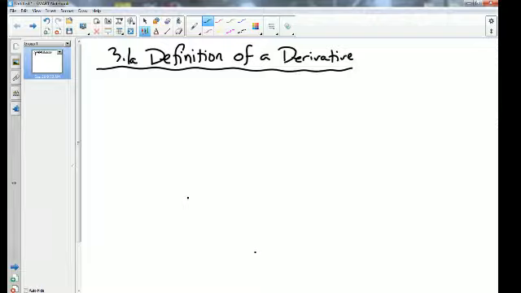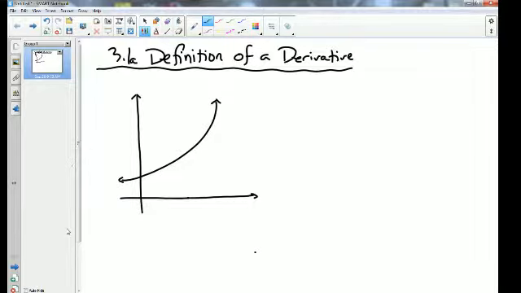So let's talk about what we've done so far. If I give you some function, we'll just call it some function of x, we can do x and y values: a and f of a, and b and then f of b.